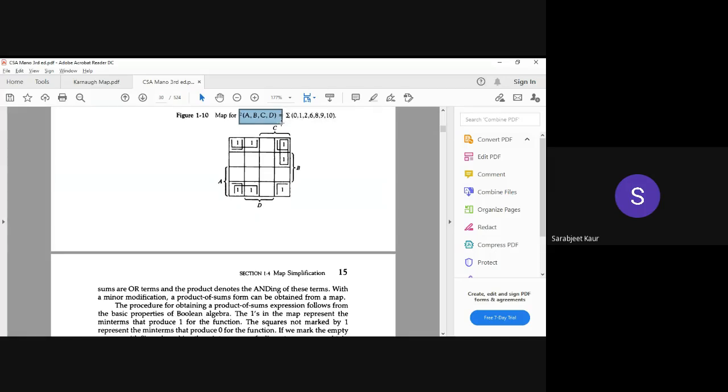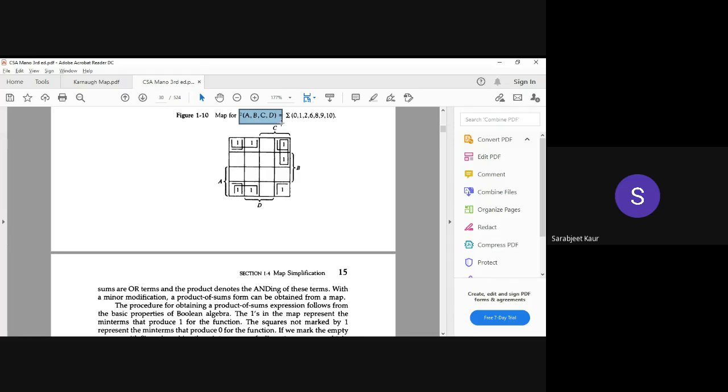Did I have to simplify f dash or f? F. I had to simplify f, not f dash. So what will we do? We will simply take a complement of f dash, and whatever that expression is will be my expression in the POS form.